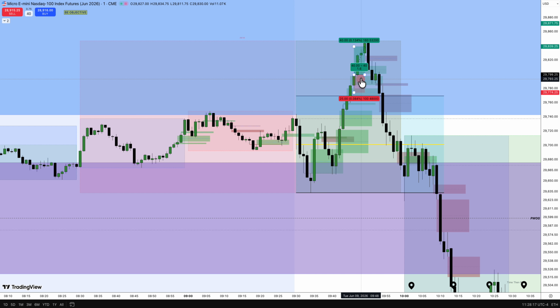I have a 40 points target and a 25 points stop loss. Right after the second candle that closed above this high, that's going to be my entry, and I'm gonna be setting my stop loss at 25 points and my take profit at 40 points.